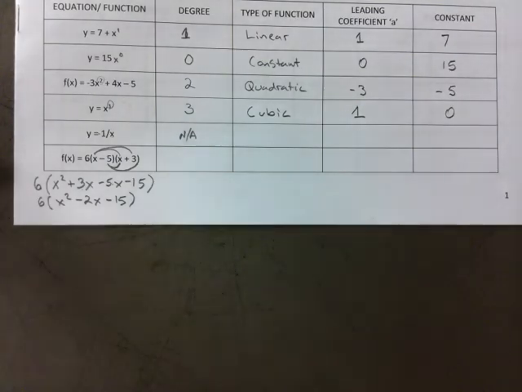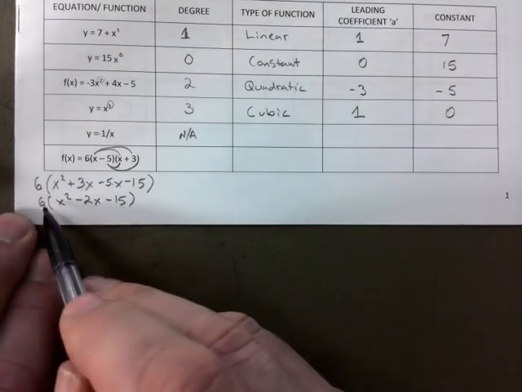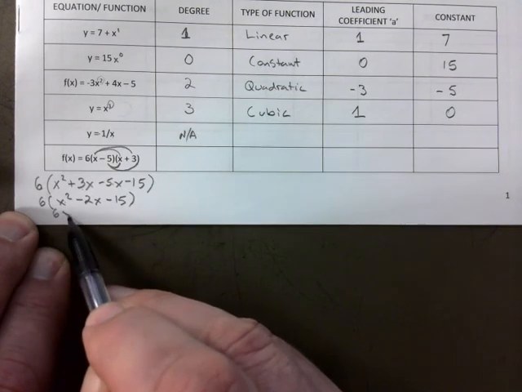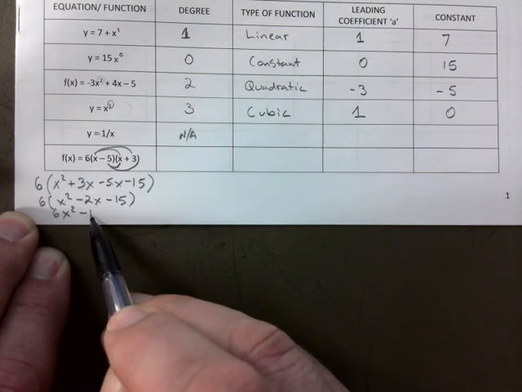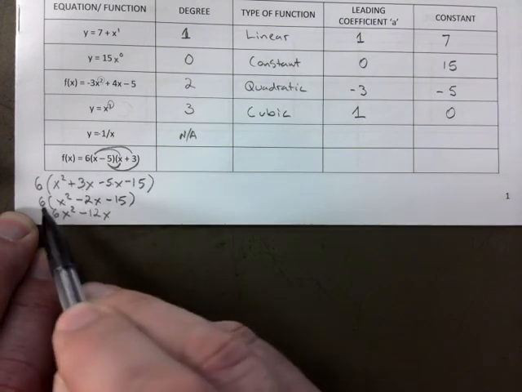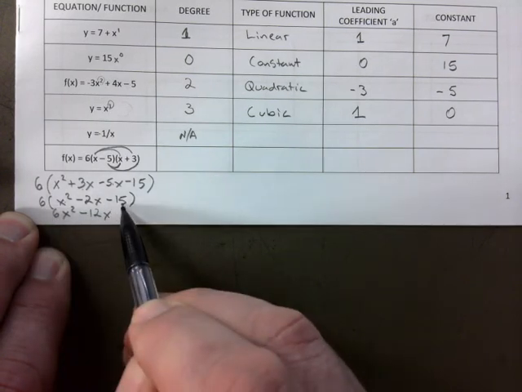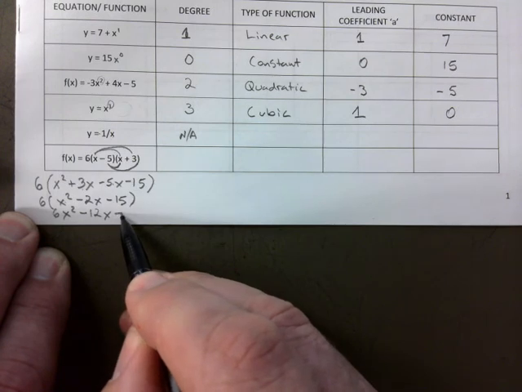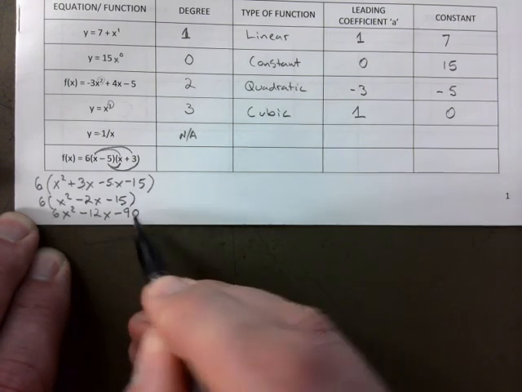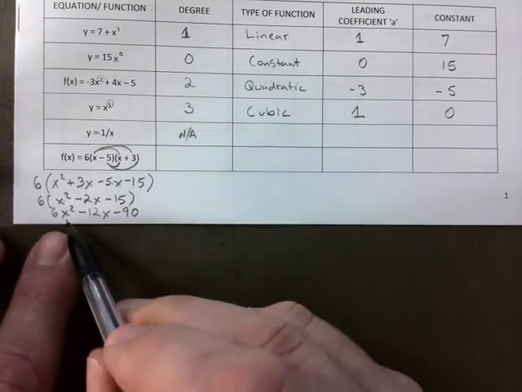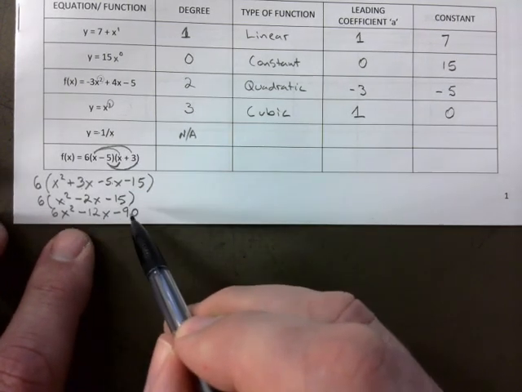And now we distribute the 6, right? So 6 times x squared is obviously 6x squared. 6 times negative 2x is negative 12x. 6 times negative 15 is negative 90. And when you have it in this form, you can truly answer the question.